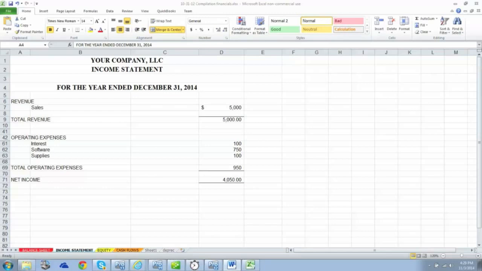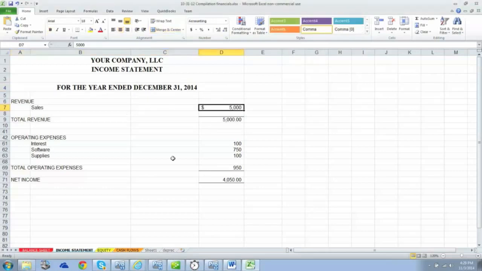You might want to operate on the cash basis rather than the accrual basis, in which case you wouldn't record any sales or the software expense because you haven't paid this yet and you haven't received this yet. And depending on your entity, whether you're a corporation, an LLC or a sole proprietor, you might record it a little differently as well. So there's a lot of different issues involved. We're just going over the framework here.